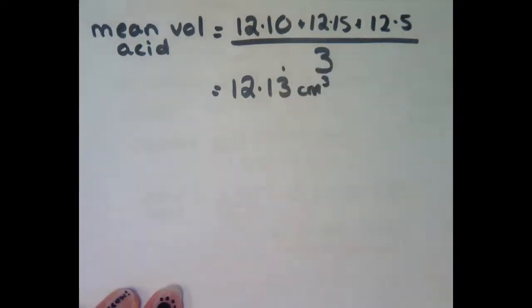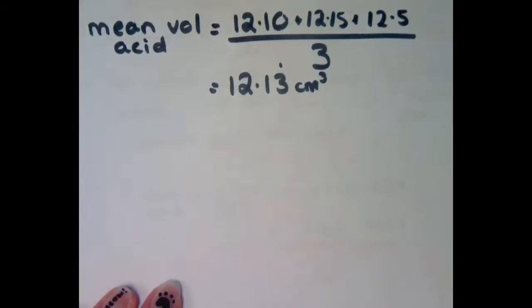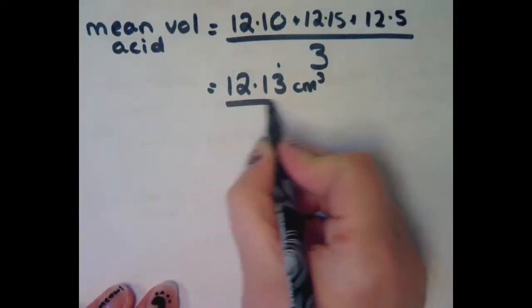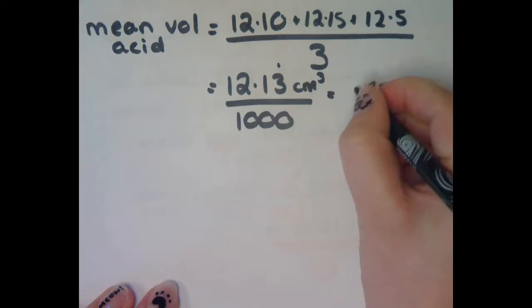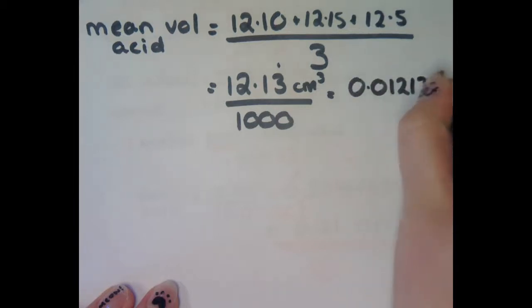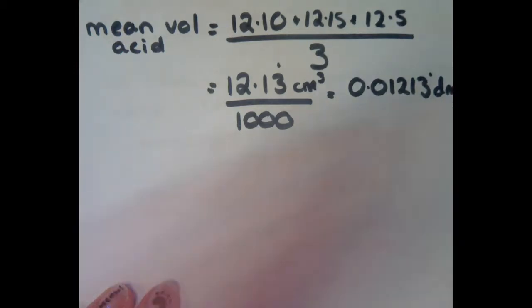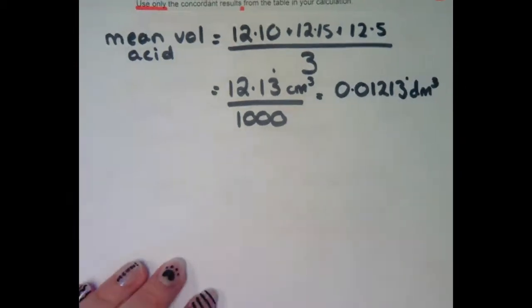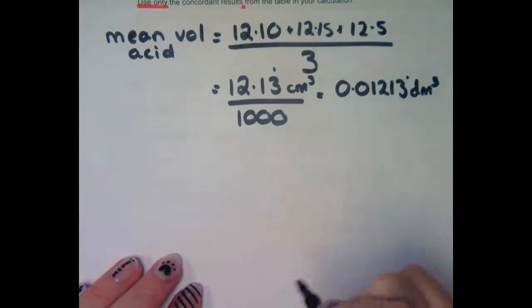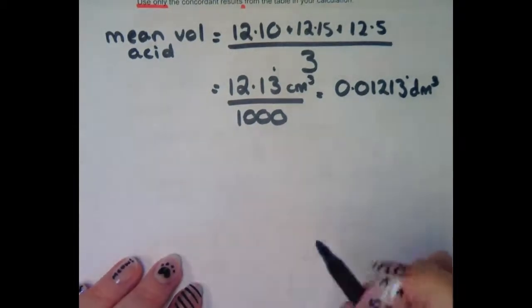Do not forget, whenever you have a titration calculation, all volumes must be reported in decimetre cubed, and I get to decimetre cubed by dividing by 1,000. So this is my mean volume of my acid.